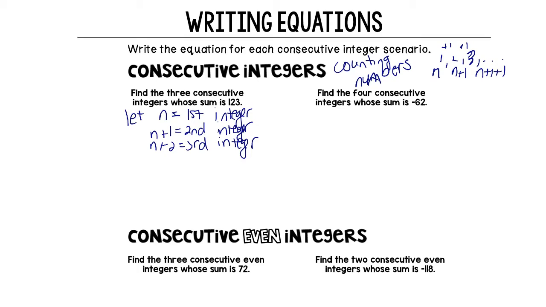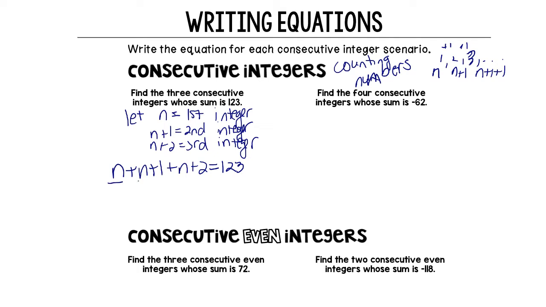So we've got the first integer, the second integer, and the third integer, and their sum is 123. When we combine like terms, we have to combine everything that is exactly the same.